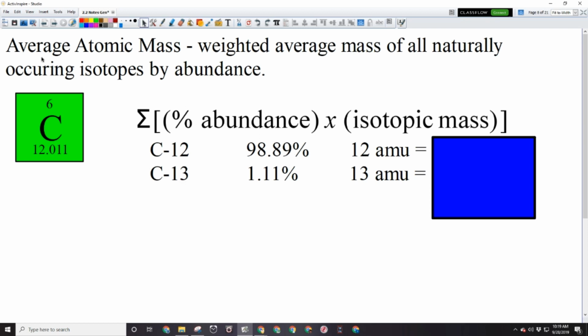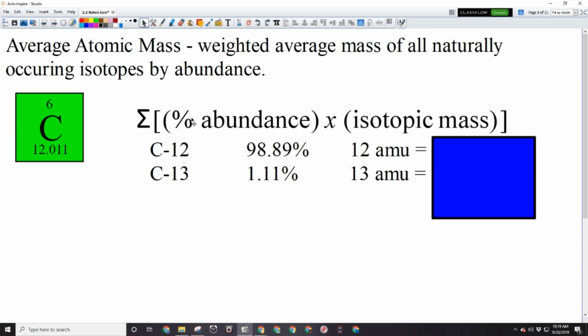So to get your average atomic mass, it's kind of like getting your average in a class where 60% of your grade is made up by tests, 30% is made up by labs, and 10% is made up by your daily grade. That's called an average. That's how you get the weighted average of your grade, is using the percentages.